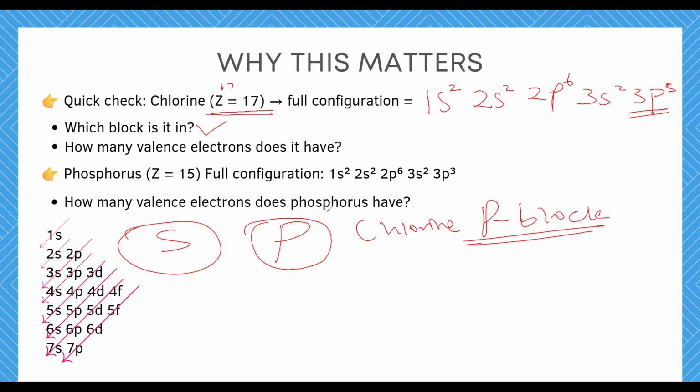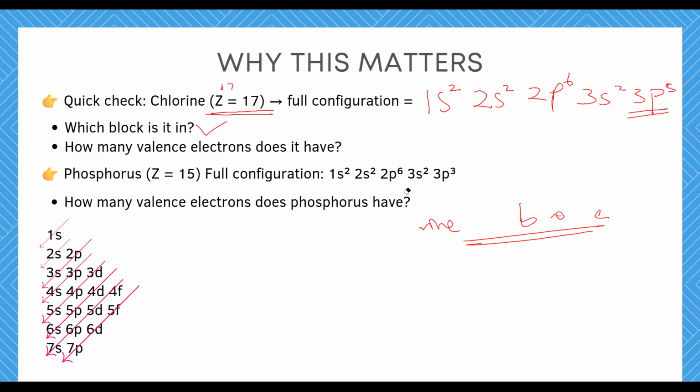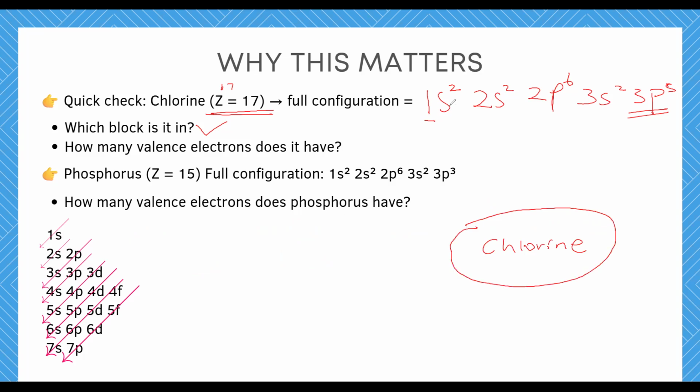Now, from this information alone, I showed you in the last class that we can use it to draw the electronic or the atomic structure of what it would look like. So let's do that very quickly. Now, we have the first shell, shell number 1. So let me write the name chlorine. For shell number 1, how many electrons do I have there? 2.